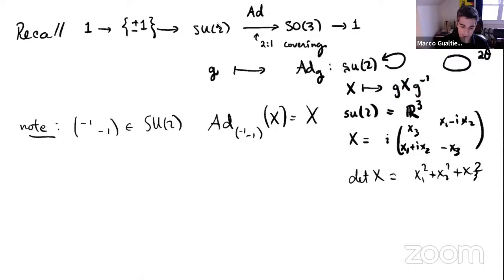So this is the reason why -1 inside SU2 is sent to the identity element here. In other words, -1 and +1 are sent by the adjoint action to the same rotation, and that's the reason why there's a discrepancy between SU2 and SO3. -1 is not the identity in SU2, but when I map it into SO3, it becomes the identity.